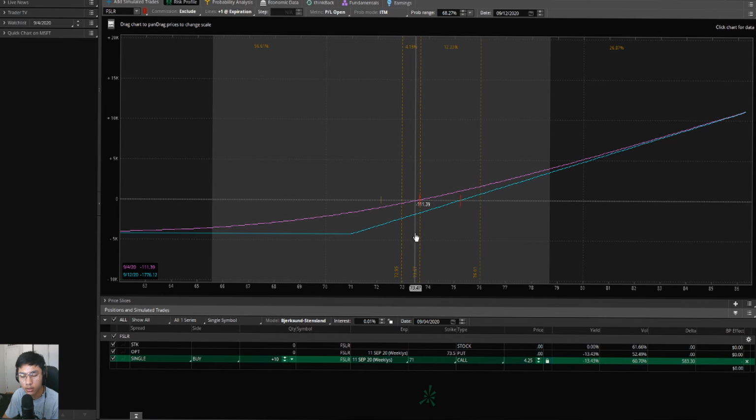That is going to be $425 per contract. That is how much it's going to cost me per contract. The way that I manage my risk is that I'm going to risk about $200 to gain $400, something like that.